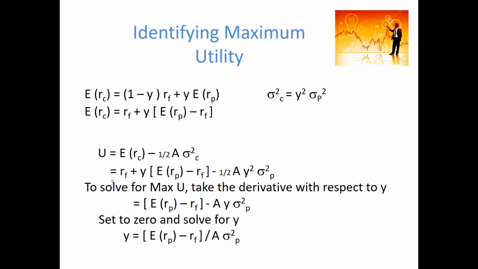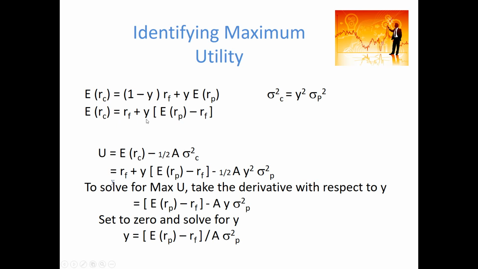In order to do this, we come back here. We think about the formulas we had before. We know that the expected return of our complete portfolio was calculated as 1 minus y, which is the proportion invested in the risk-free rate, plus the proportion invested in our risky portfolio times the expected return of our risky portfolio. I can actually rearrange this equation to get the following.